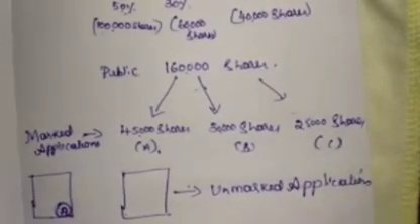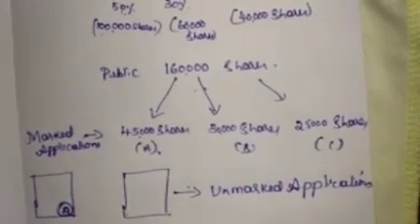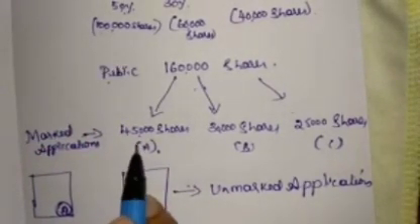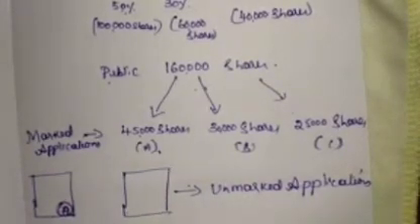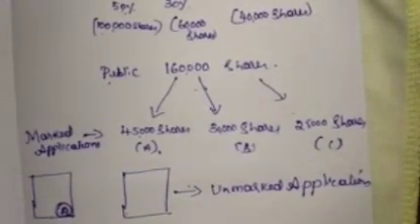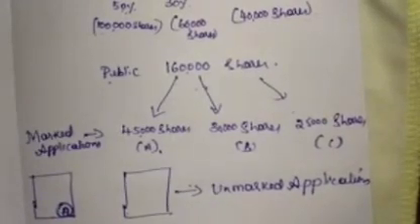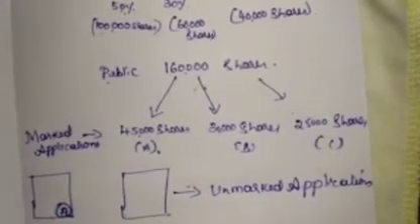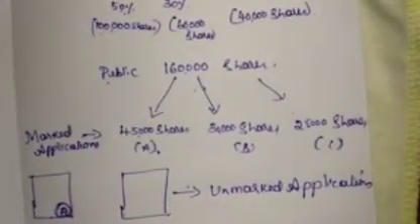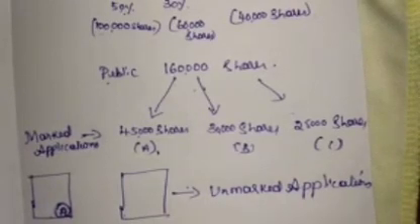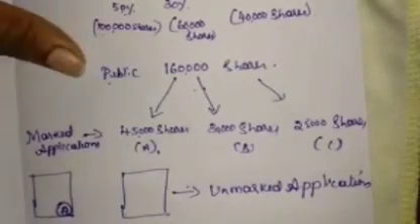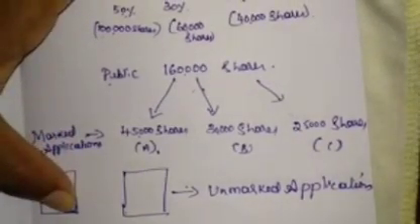So here a total of 1,60,000 applications were received from the public, out of which the marked applications are 45,000 from A, 30,000 from B, and 25,000 from C. So total marked applications were 1 lakh. From the total applications received, if you deduct marked applications, you will get 60,000 shares, that is unmarked applications.